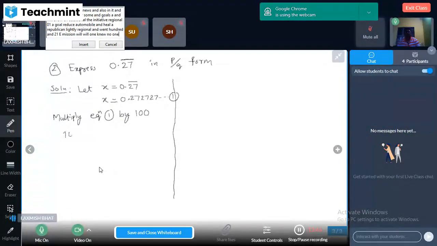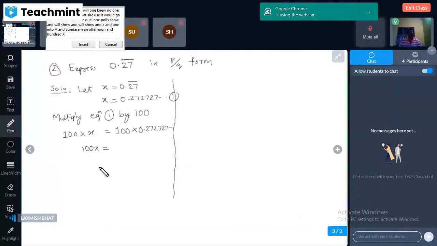So 100 into x is equal to 100 into 0.272727 and so on. When we multiply by 100 we get 100x, which is equal to, here when we multiply the decimal number by 100, the decimal point should be shifted 2 places to the right side.